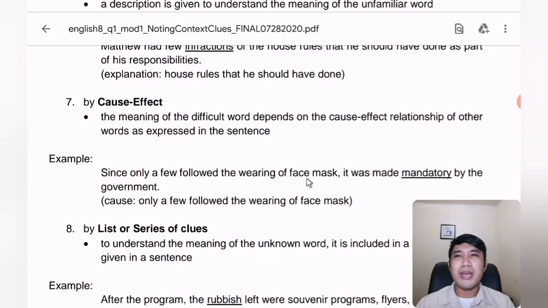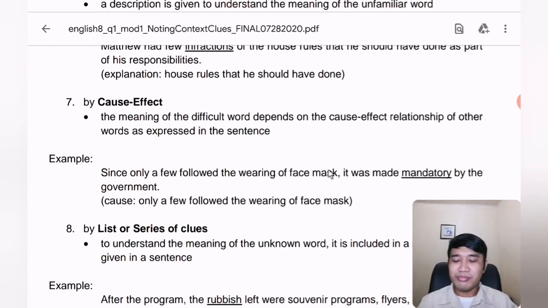That's why it was made mandatory. So using this cause and effect relationship, we can also identify the meaning of words. Sometimes in sentences, it's the other way around. The unfamiliar word is part of the cause. Then we will need to look at the effect side of the sentence in order for us to analyze the meaning of the unfamiliar word.